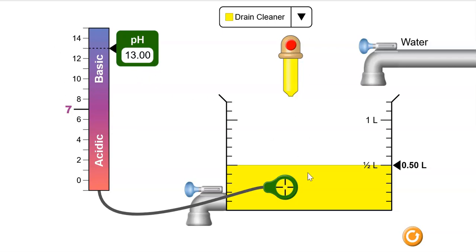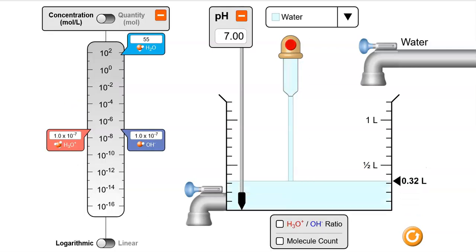So you can play around with this a little bit if you'd like, but I'm going to switch us to the micro view now. So one thing we can do is look at the concentration of the species that are in solution. So when I say species, I mean the chemical compound. I'm going to go ahead and fill this up to 1 liter. Oops.